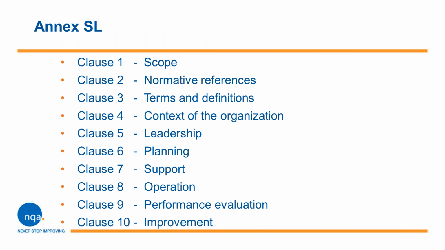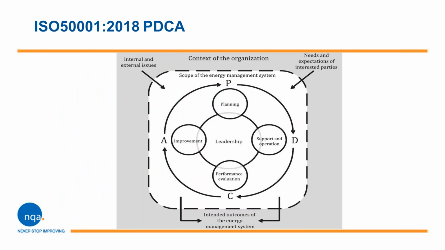If you've already got 9001 or 14001:2015, that will look very, very familiar to you. If you haven't and you've got a standalone 50001 system currently, that might appear to be new. And clauses 4 to 10 are the auditable clauses, and those are the clauses that we will be concentrating on.